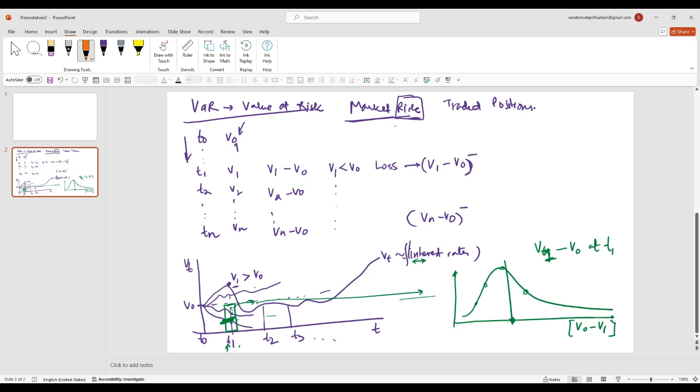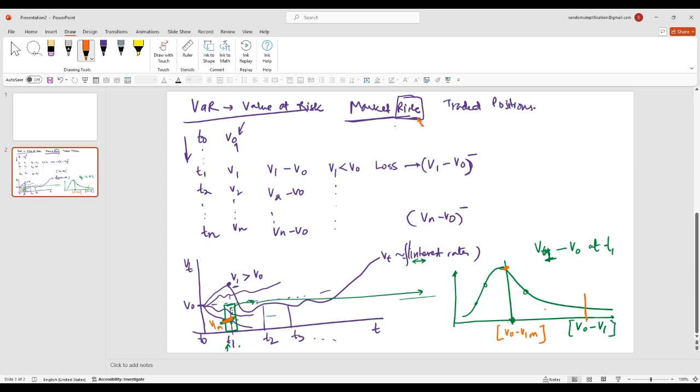So effectively what we are saying is if on average you expect to lose this much, let's say V1M as a mean, then this value is V0 minus V1M. This is the loss you will expect to make on average. And typically for a risk measure, you're not just interested in the average loss that you expect to make, but you're interested in simulating extreme situations.